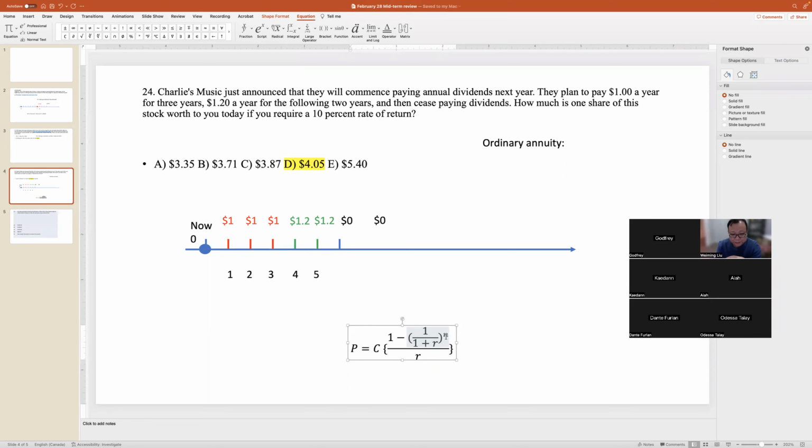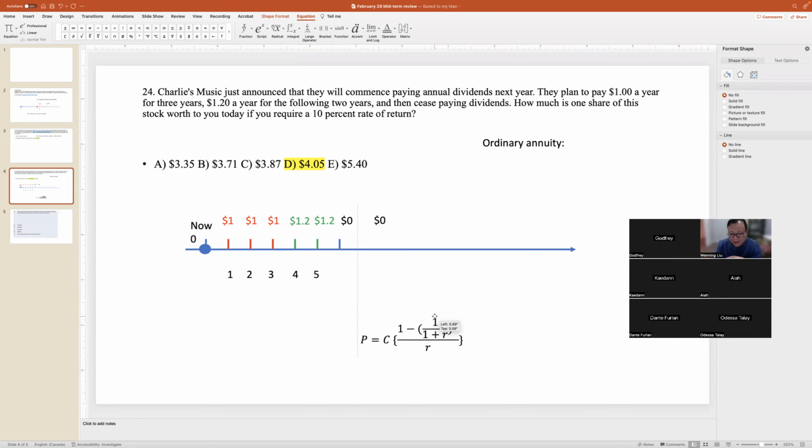Is this formula coming back to you? You have used this before.